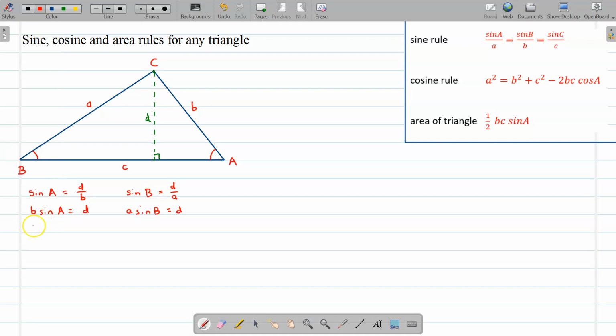In other words, b sine A must equal a sine B. I'm being careful to use lowercase letters where I mean a length and an uppercase letter for an angle. Now if I divide both sides by ab, I'm going to write those again, but this time dividing them both by ab, and you'll see what happens.